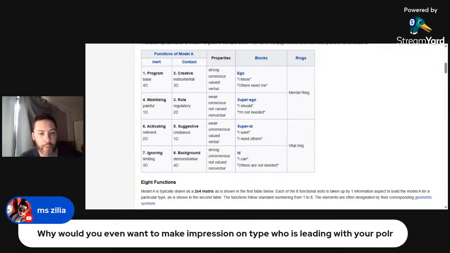Why would you want to make an impression on a type who's leading with your polar? I've noticed this too. This is one of those areas. If you're talking about an IEI, a lot of times they don't care about TE stuff.